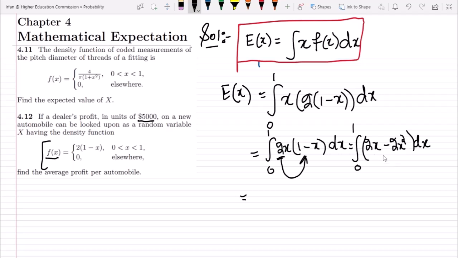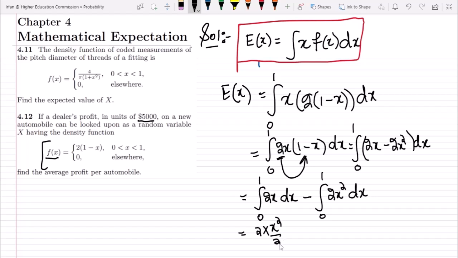Now integrating all these terms, I will get the integral from 0 to 1 of 2x dx minus the integral from 0 to 1 of 2x square dx. So here we will get 2 multiplied by x square divided by 2 from the limit 0 to 1, minus 2 x cube divided by 3 from 0 to 1.